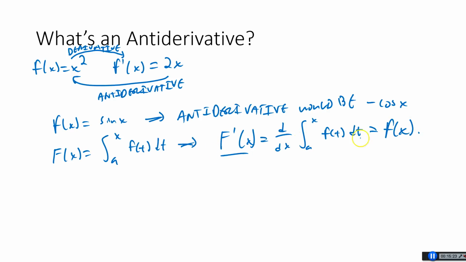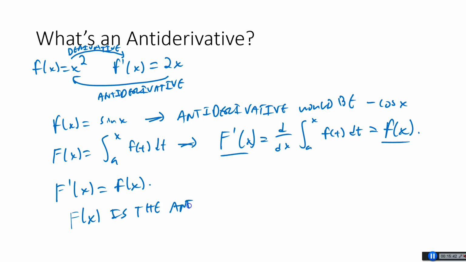So let's write these two pieces together. We showed that capital F prime of x is equal to lowercase f of x. So what that means is if f of x is the derivative of capital F, then capital F of x is the antiderivative for lowercase f of x.